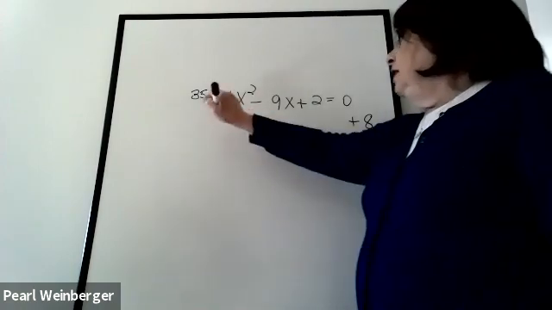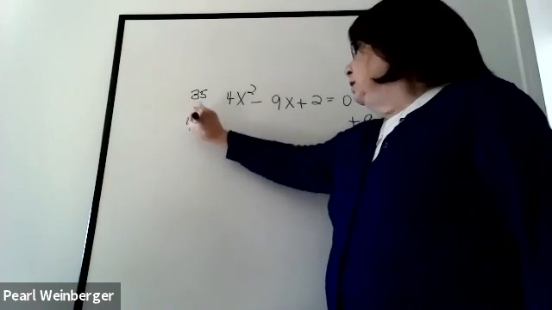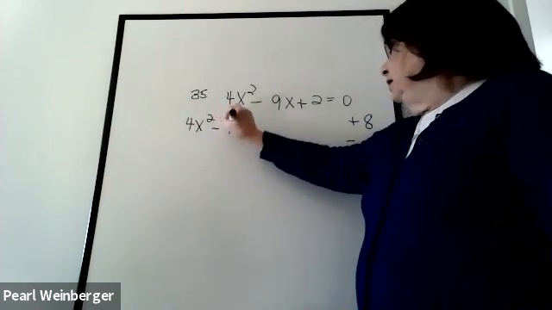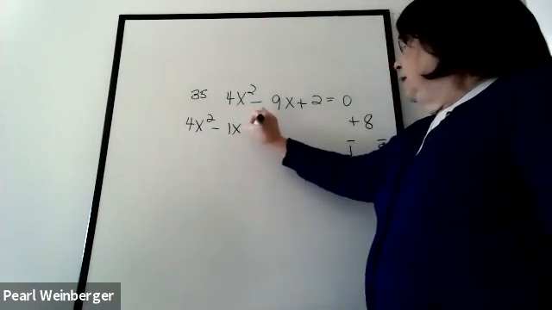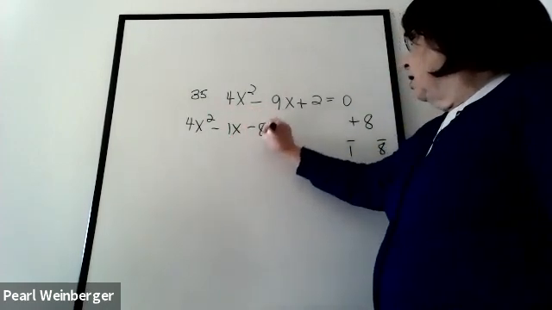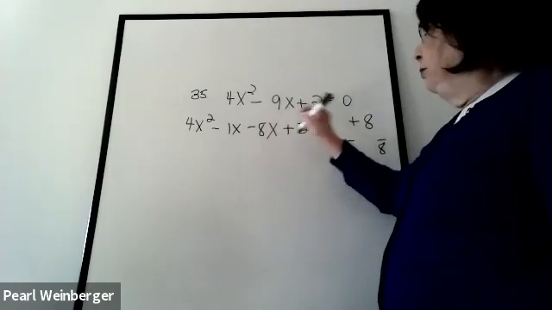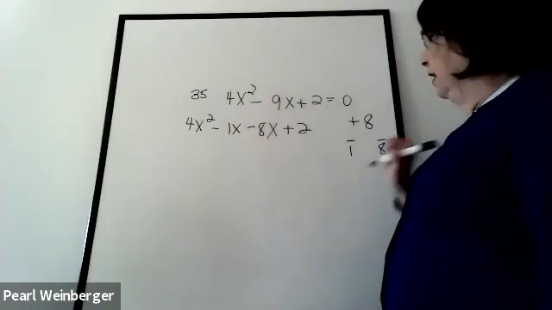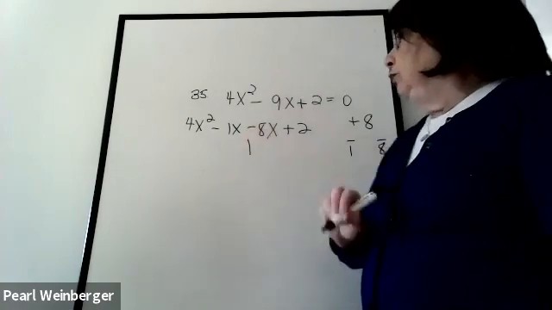So when I rewrite this, this is going to be 4x squared minus 1x minus 8x plus 2. I've broken up the negative 9x into negative 1x and negative 8x, so I can do my grouping.